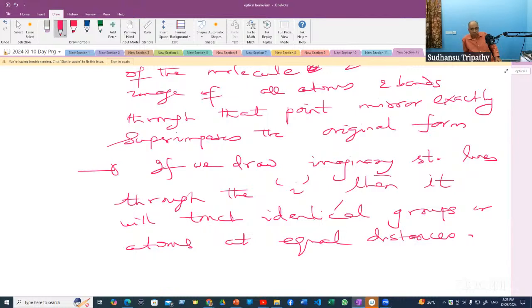It will touch identical groups at equal distances.